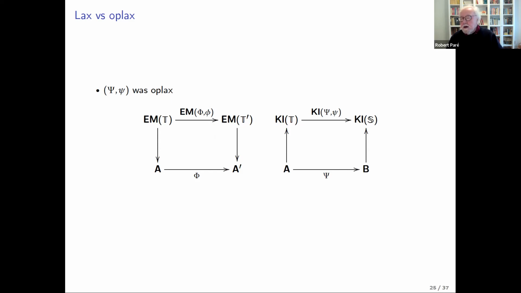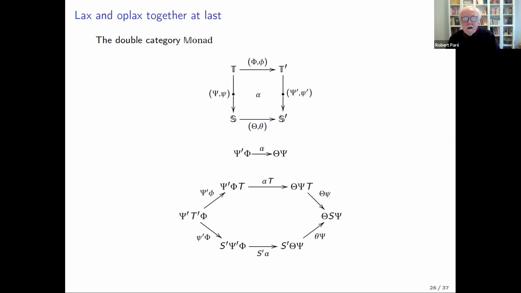But now we have a category of monads that has two different kinds of morphisms, so they should fit into a double category. And that is the case. So now we have this double category Monad. The objects here are monads, so a category equipped with a monad. The horizontal arrows are the lax guys, and the vertical arrows are the oplax guys.